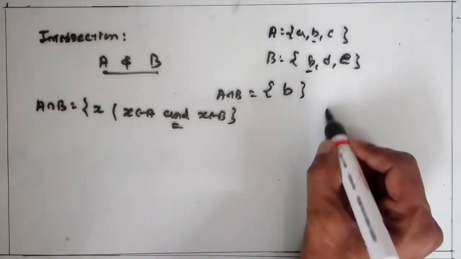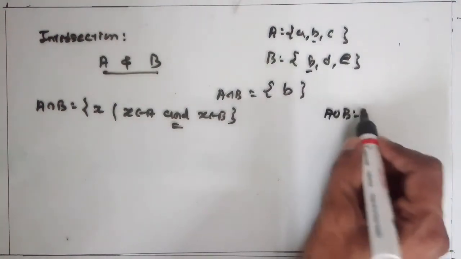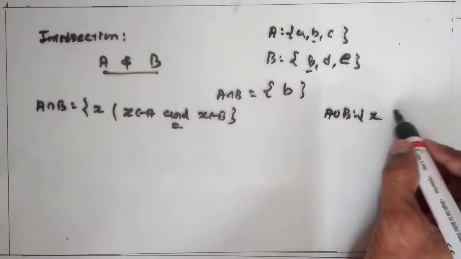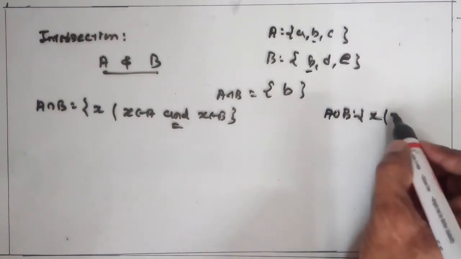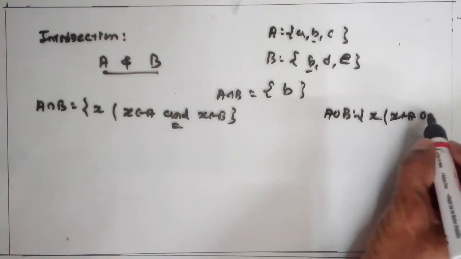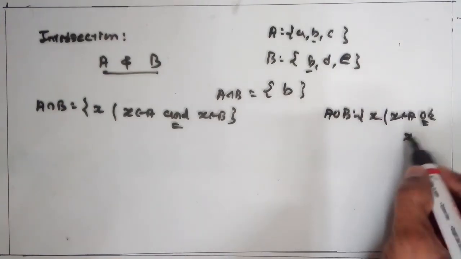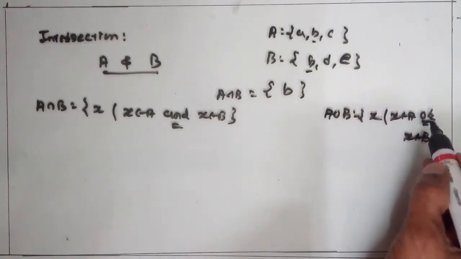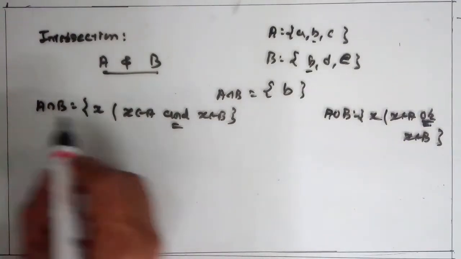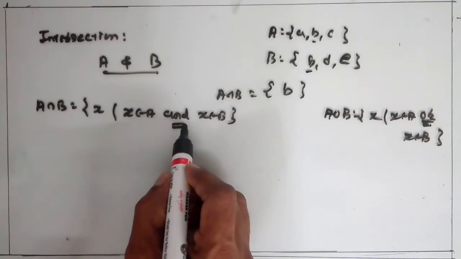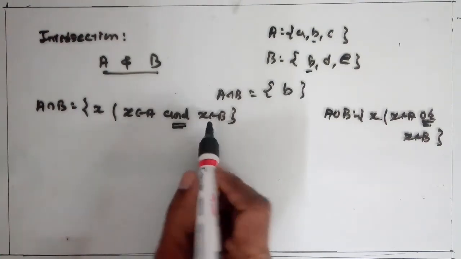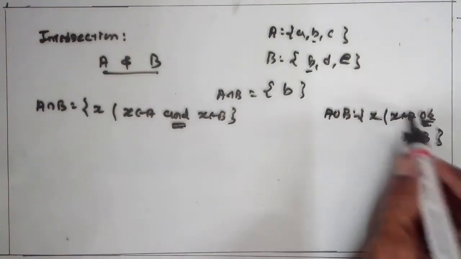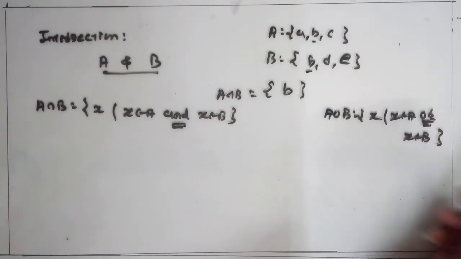In a union, you know that it is the set of all elements x such that x belongs to A or x belongs to B. So in a union, we use the word 'or'. In intersection, we use the word 'and'. That is contained in both, whereas in union, contained in any one or in both. Clear?